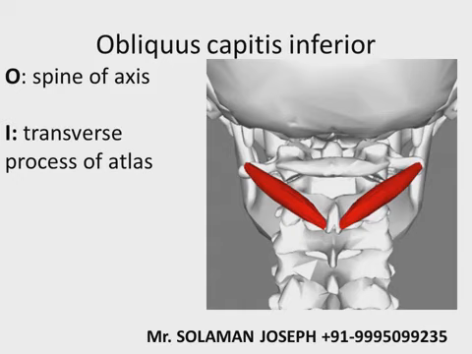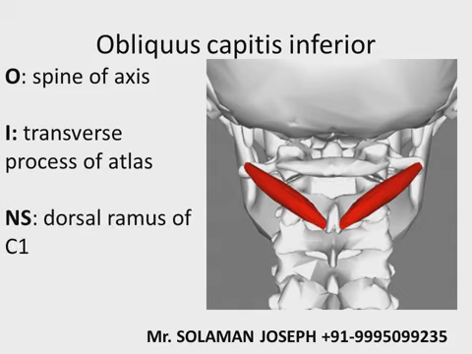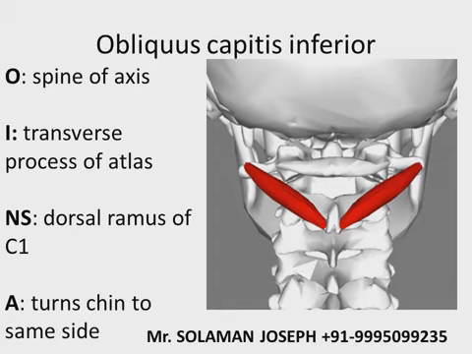The obliquus capitis inferior is inserted to the transverse process of the atlas, while the obliquus capitis superior originates from the transverse process. That's the difference. It is supplied by the dorsal ramus of C1, and its action helps to turn the chin to the same side.